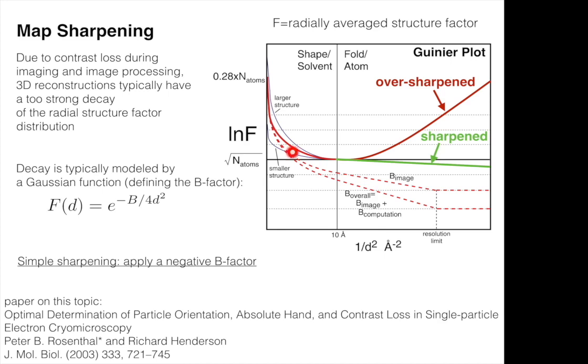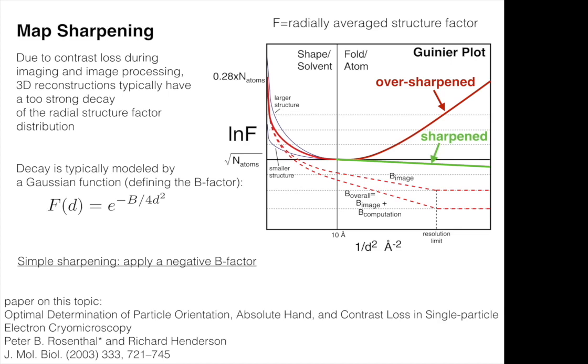So there's somewhere an optimum B factor that you can use for sharpening your map, and this is done basically always. You always have to do this with your cryo-EM reconstructions, otherwise you wouldn't see any of the fine details like side chains. So this is a standard procedure.